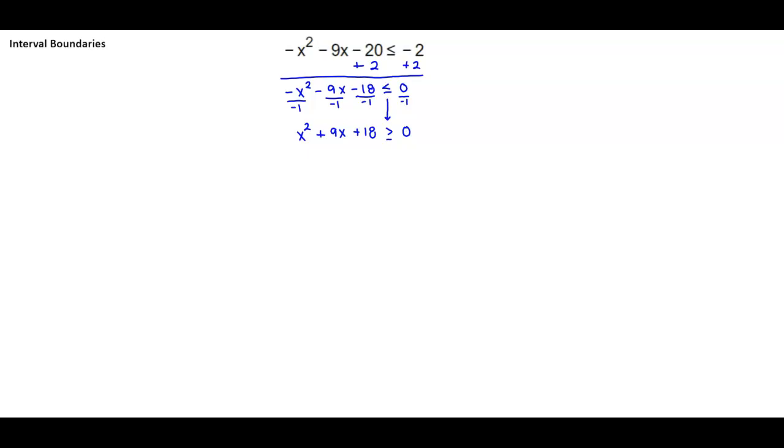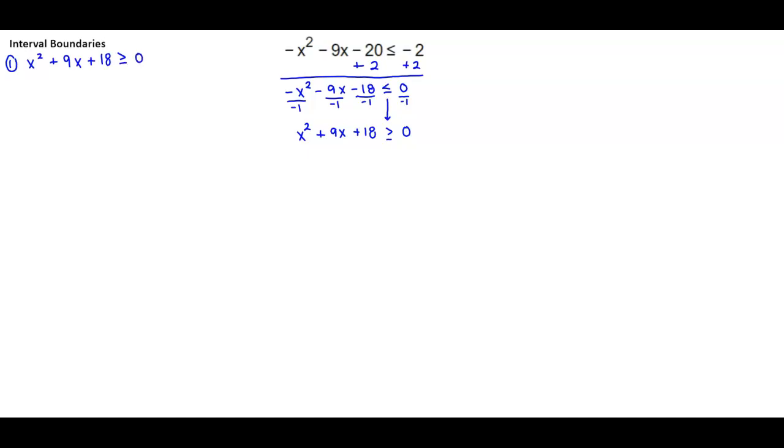And now we're going to determine the interval boundaries by writing this as a quadratic equation and then factoring it. So we have x squared plus 9x plus 18, which is greater than or equal to 0.